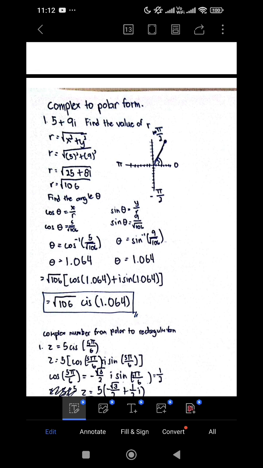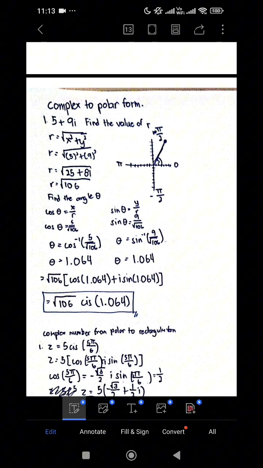The values of x and y are substituted from the given, which are 5 and 9. So r equals the square root of 5 squared plus 9 squared. Then we get the square root of 25 plus 81. If we add 25 plus 81, we get r equals the square root of 106. That is the value of our r.